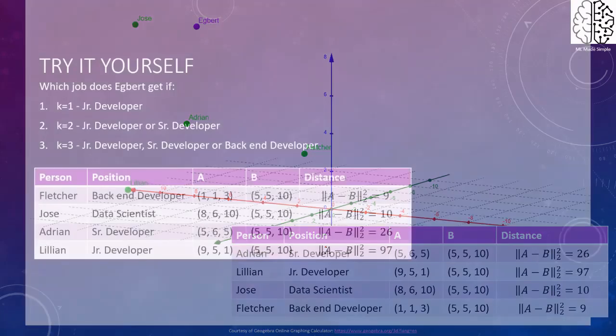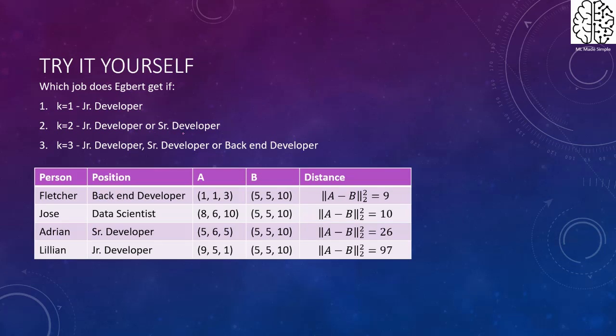And based on the distances, we can quickly order them and see that if k is 1, he's most similar to, oh, I messed up the names. The names are not in the correct order.